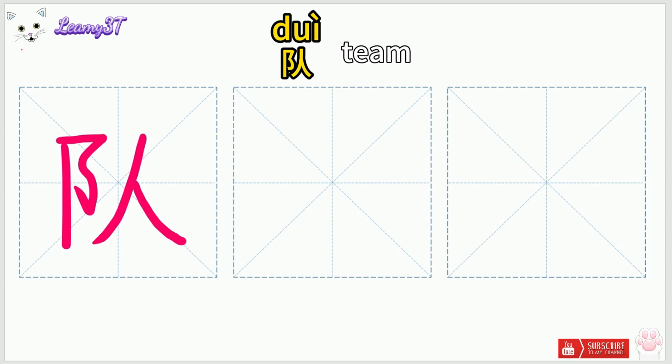Still, we must pay attention to the character's balance. This character is roughly divided into 3 spatial parts. 1, 2, 3. Only when the left and the right are spaced well will the character look good. Please always pay attention to the balance.